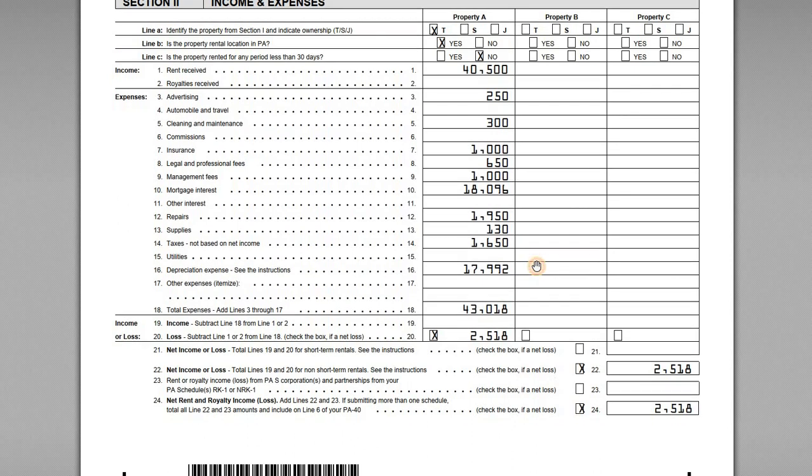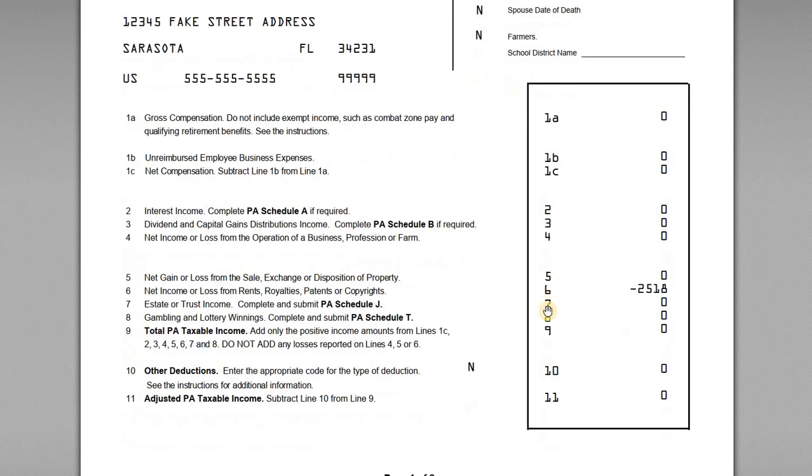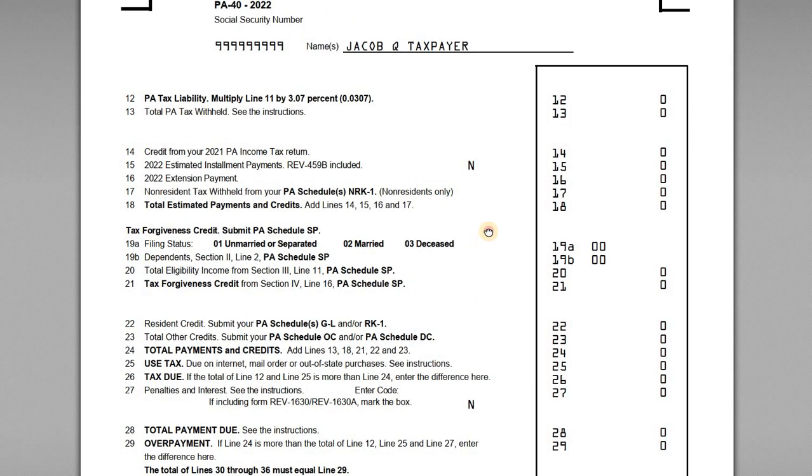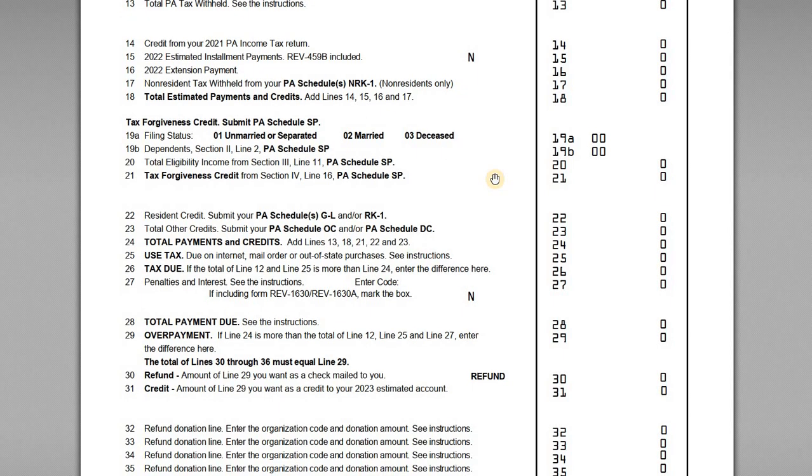So he doesn't have this short-term rental problem. And so we can see here the net loss is going to be $2,518, and that is what is flowing up to page 1 of the PA-40 on line 6. So minus 2518. And then again, remember that as we highlighted on the slides, none of those losses carry forward.